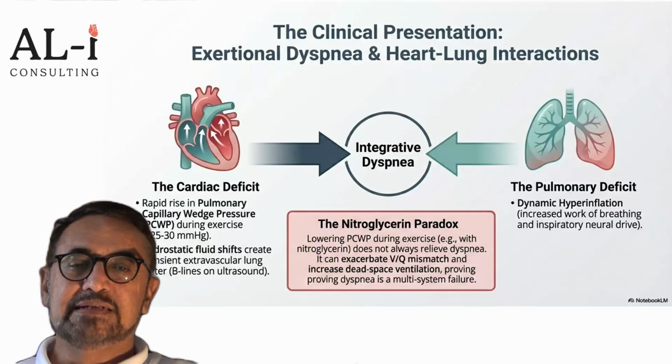So, breathlessness in HFpEF is not explained by one number alone. It emerges from interaction between filling pressure, pulmonary mechanics, and inefficient gas exchange. That is why symptom relief often requires a multi-system approach rather than simple decongestion alone.